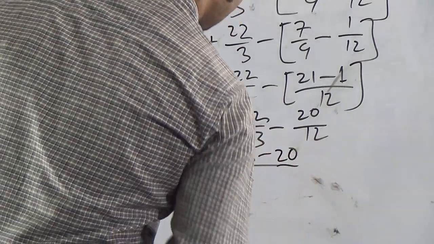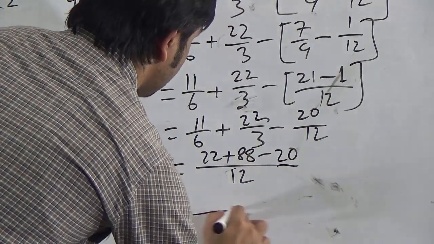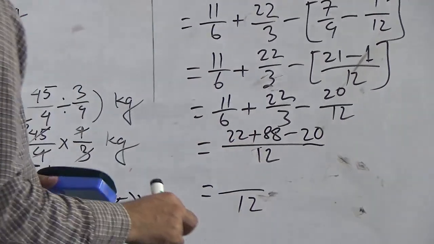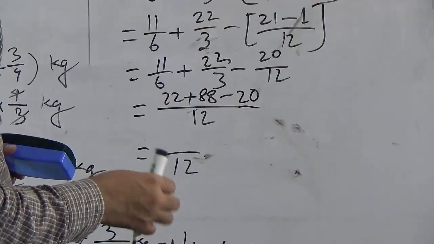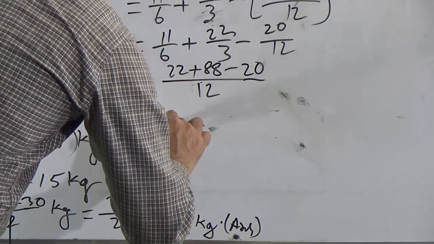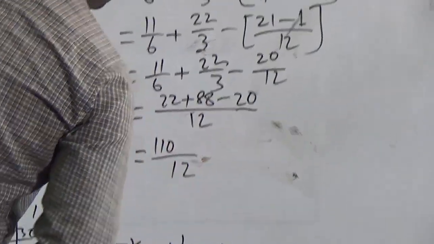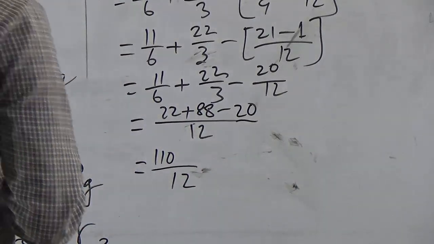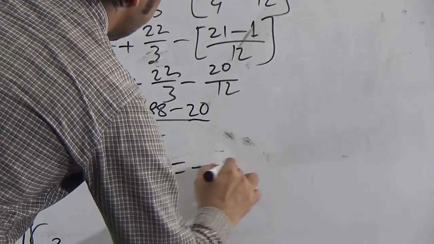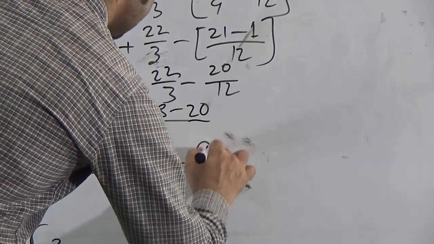So this will be 20. Now we can write here 12. Here 88 and 22 are positive, so we can add these two. This will be 110. This will be 110 minus 20. We will get here 90 by 12.